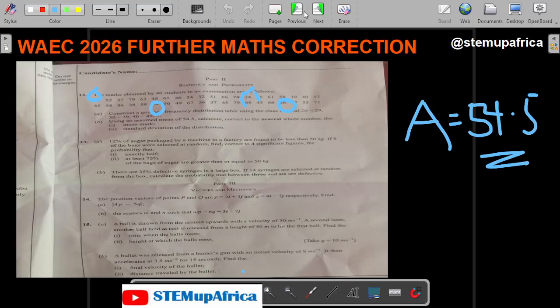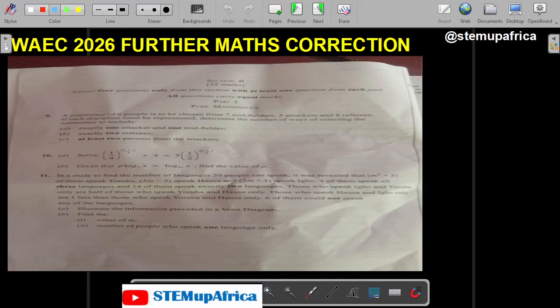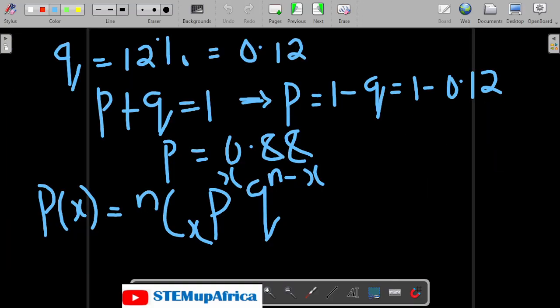So exactly half, which is 50 kilograms. Out of 8 bags, exactly half will be 4, meaning X is 4. This is half of the total bag, half of 8.